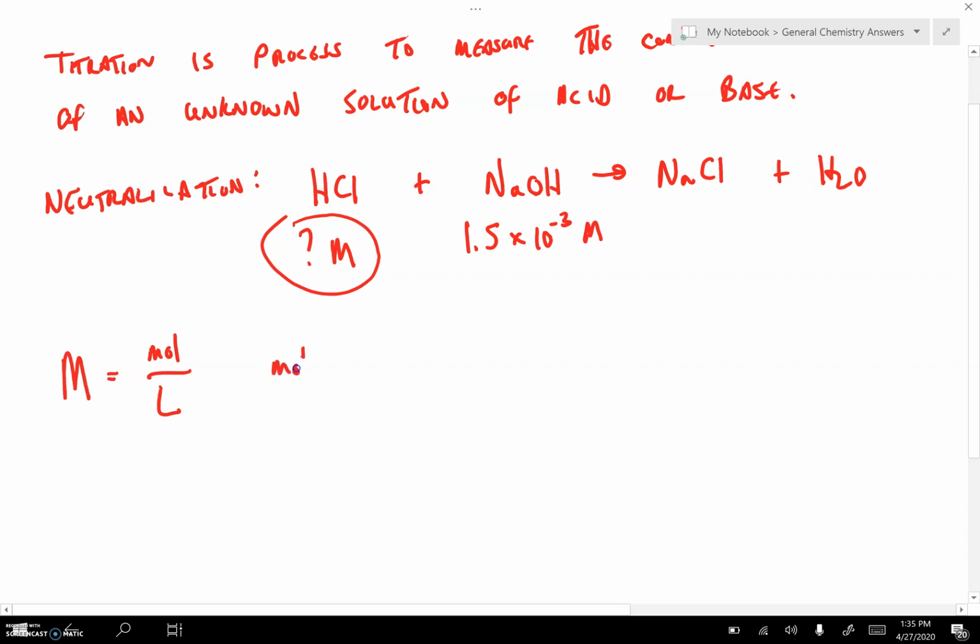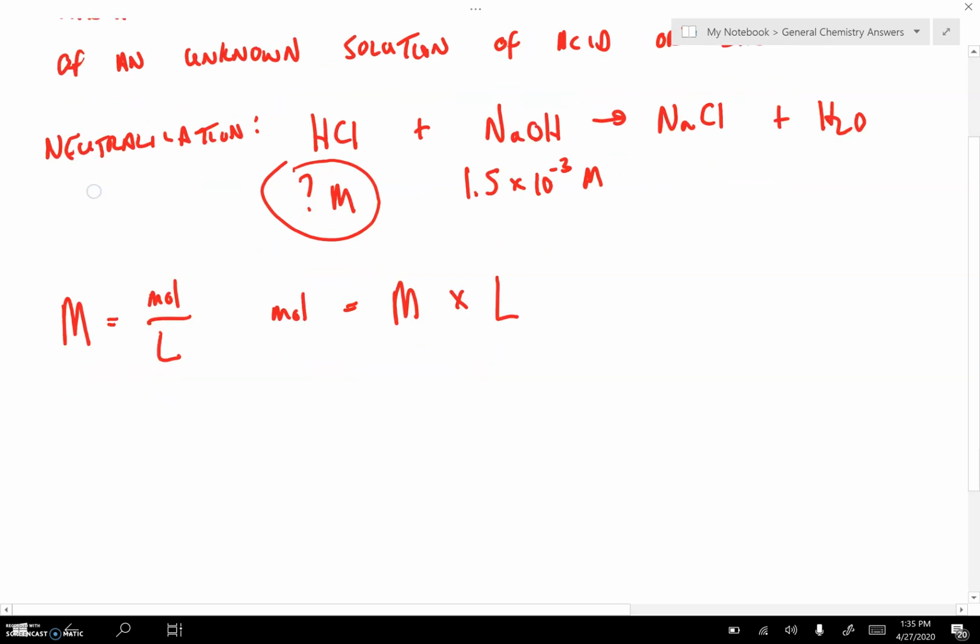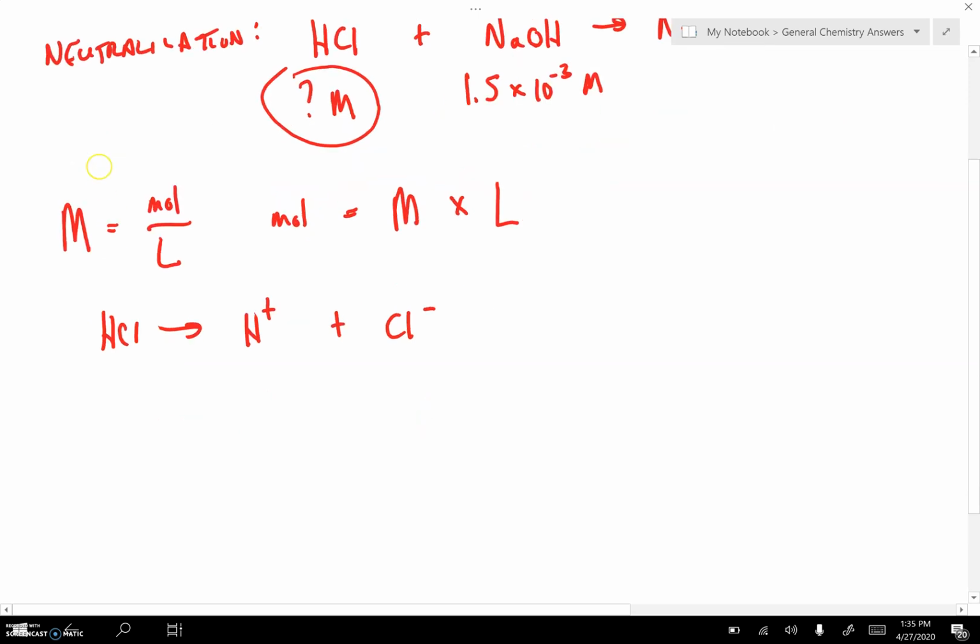We're going to flip this around to use moles because we know that when hydrochloric acid, or any acid, dissociates, it dissociates into H plus and some negative ion. We also know that when sodium hydroxide dissociates, it dissociates into sodium and hydroxide.